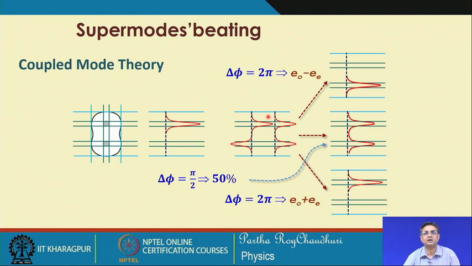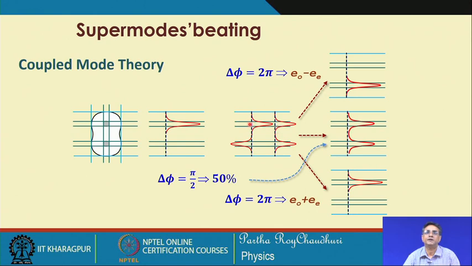This total structure can have the fundamental mode like this and the first order mode which is of this. So, these are the two lowest order modes of the complete, composite structure, not the individual structure.